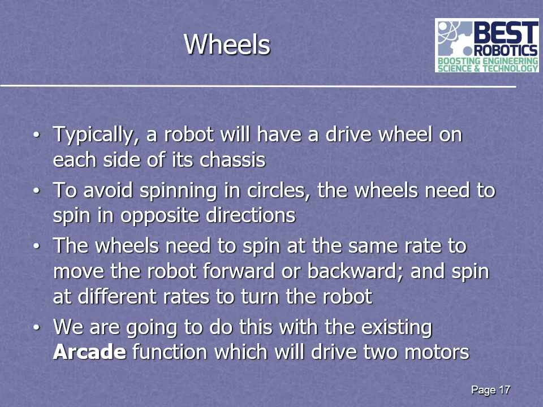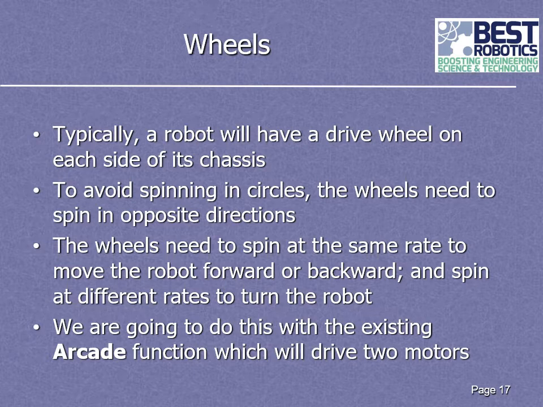This just leads us into the reasons why we're going to do the next function we're going to add. Obviously, most robots are going to need wheels. And we're going to be using something called arcade mode. This is so that you can basically use a joystick in order to go forward and backward and left and right.